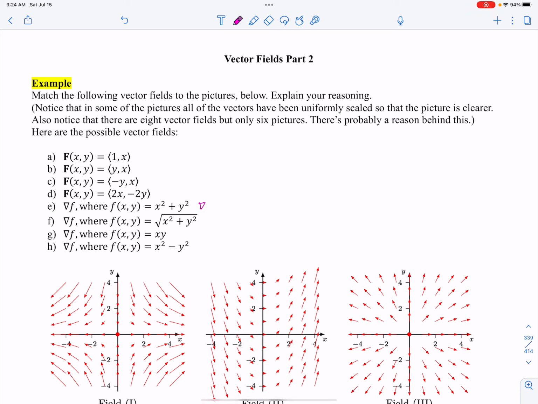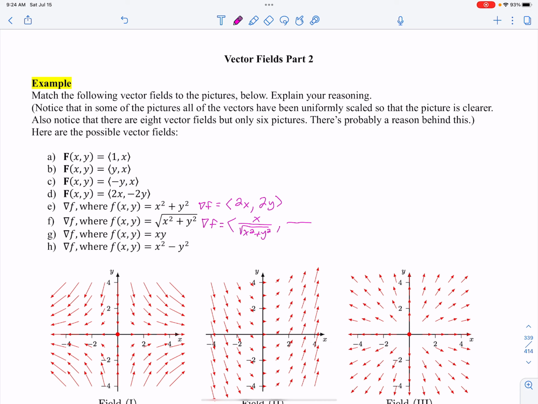So if I'm finding, I'm going to list these out because they're probably the same as the ones above. I got 2x, that's the derivative of f with respect to x, and 2y. Now this one is going to be a little messy. I'm going to let you calculate this, but what ends up happening is we get x over the square root of x squared plus y squared.